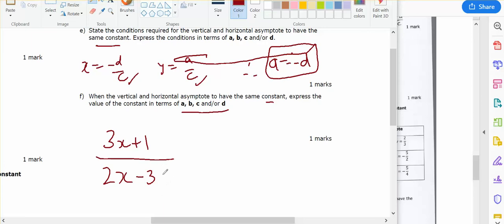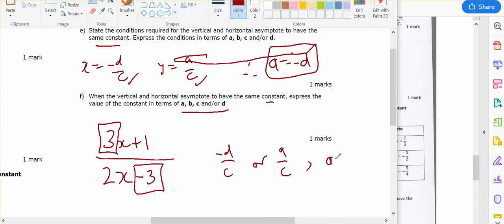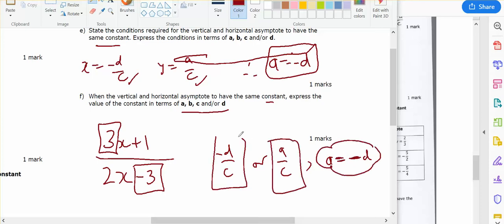It has to be minus 3 because this has to equal the negative of that. So the constant will either be minus d on c, or you could write a on c, but a has to equal minus d. If a equals minus d, then either of these will be a correct answer to this particular question.